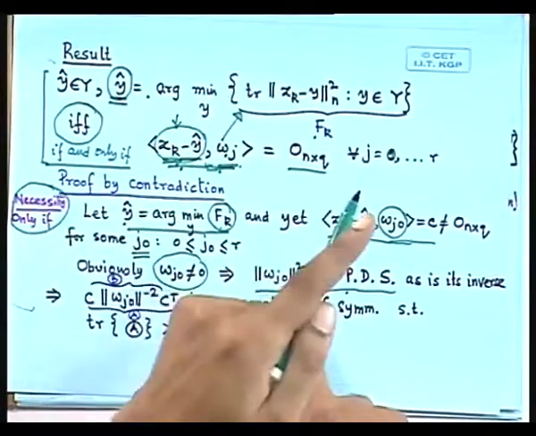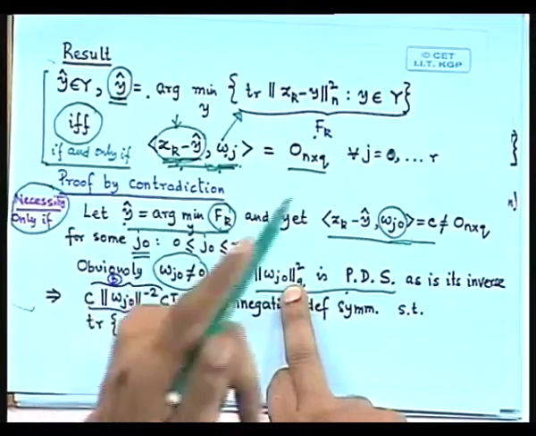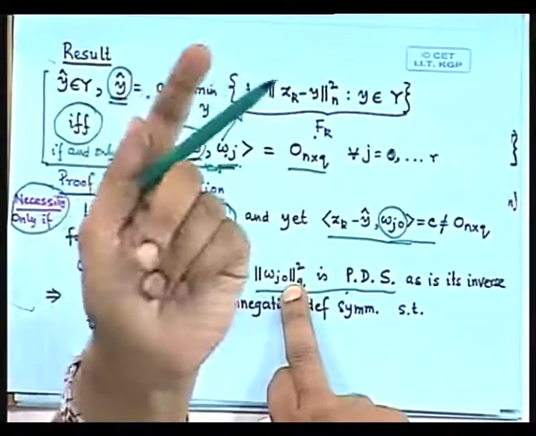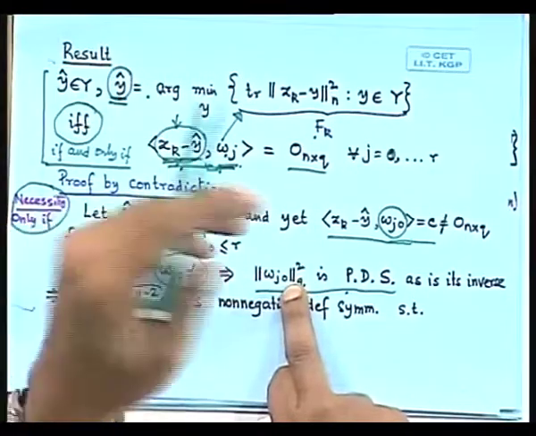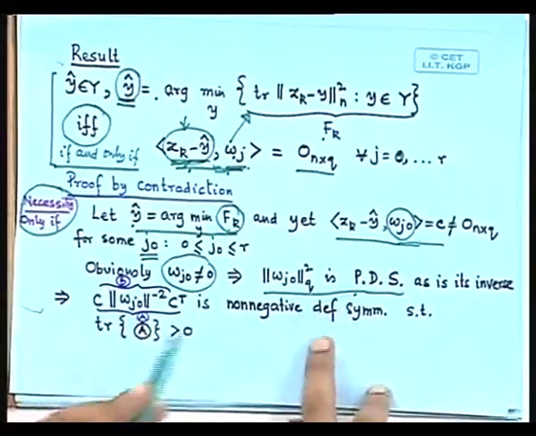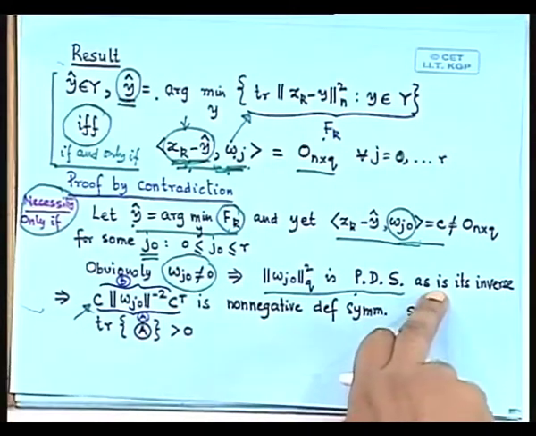Now d is a diagonal matrix of eigenvalues. If all the eigenvalues of d were positive, then all the eigenvalues are now 1 by lambda 1, 1 by lambda 2, and so on, which are also positive. So therefore this inverse will also be positive definite. If this is positive definite, then this is positive semi definite.